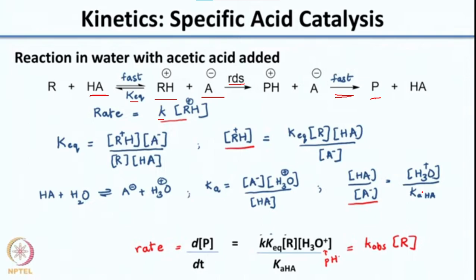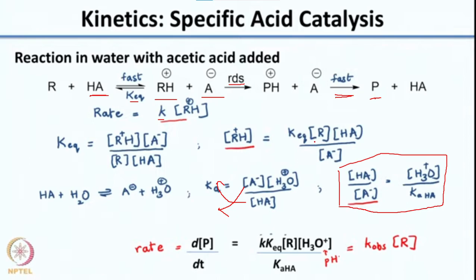Here you can see, if we are adding the acetic acid, HA will go in this direction, and A will go to the denominator to give this equation, now it will become H3O. So we have rearranged this equation to get this value. Now substituting this value in the rate equation, we know that K is our rate constant, then K equivalent is equal to, we are substituting the RH value here.